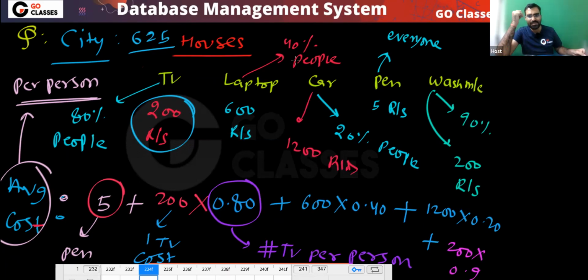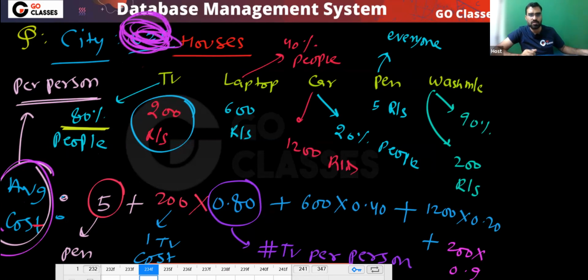Nikhil, this is aptitude. A percentage, we are already saying 80% people. It does not matter what you put here. I am already saying 80% people have, and I am finding one person's cost, the average cost. So this value does not matter.